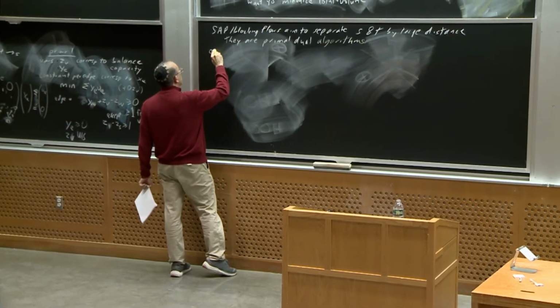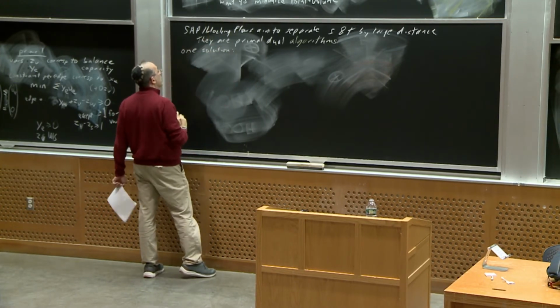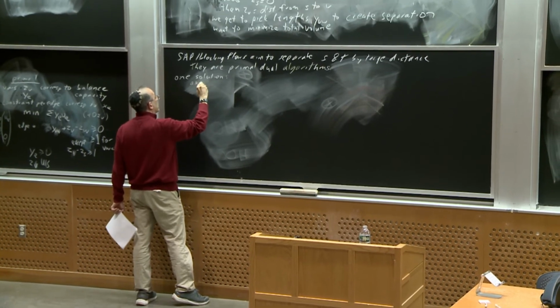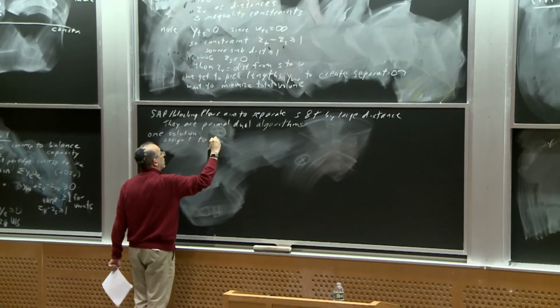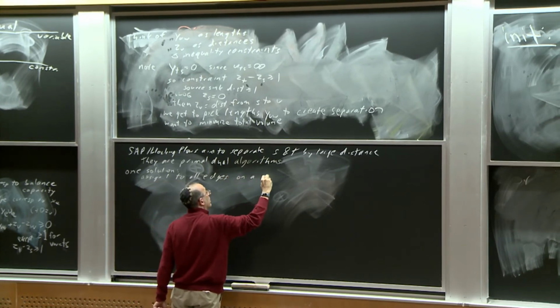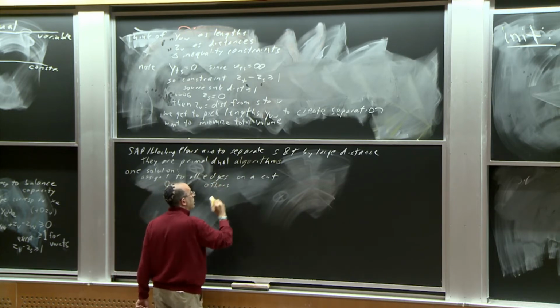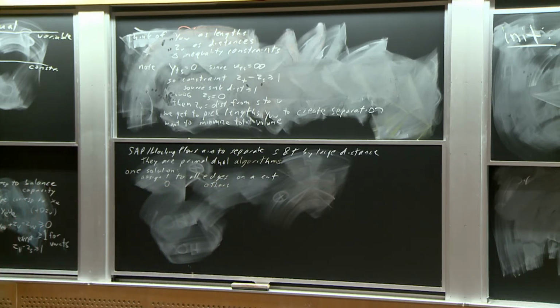So one solution to this primal problem is assign 1 to all edges on a cut and 0 to all of the other edges, right? If I put 1 on every cut edge, I've just made the distance from S to T 1. So any cut gives a feasible solution to this primal linear program.